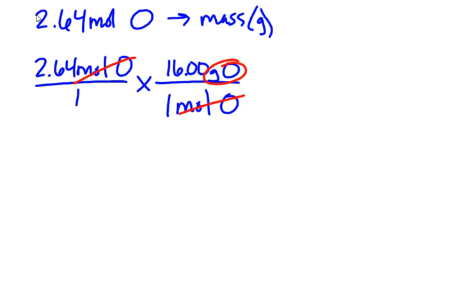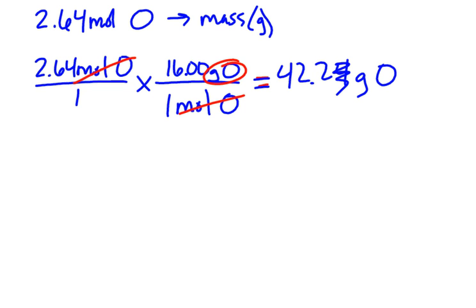Doing the math, 16.00 times 2.64, my answer is 42.24 grams. However, I need to have 3 sig figs, so it should be 42.2 grams of O.